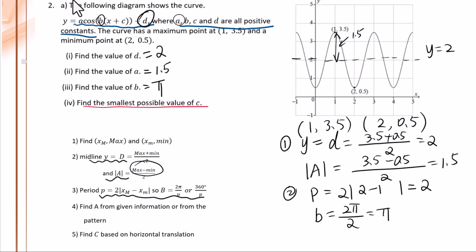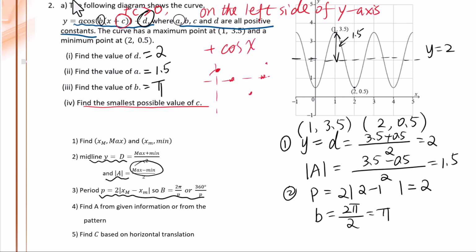Find the smallest possible value of c. This c is a horizontal translation. Since c is positive, there is a horizontal translation to the left. The starting point is on the left side of the y-axis. Since a is positive, the cosine x graph looks like this.